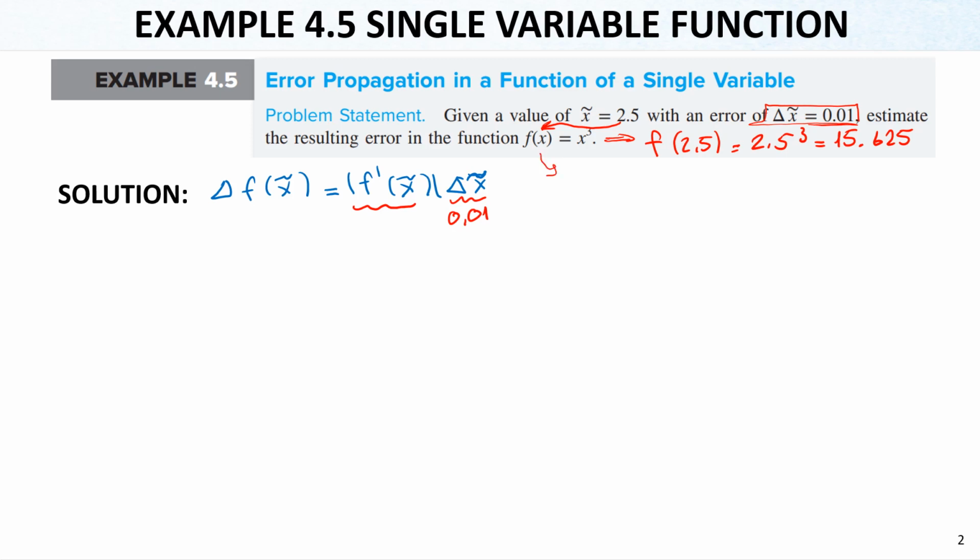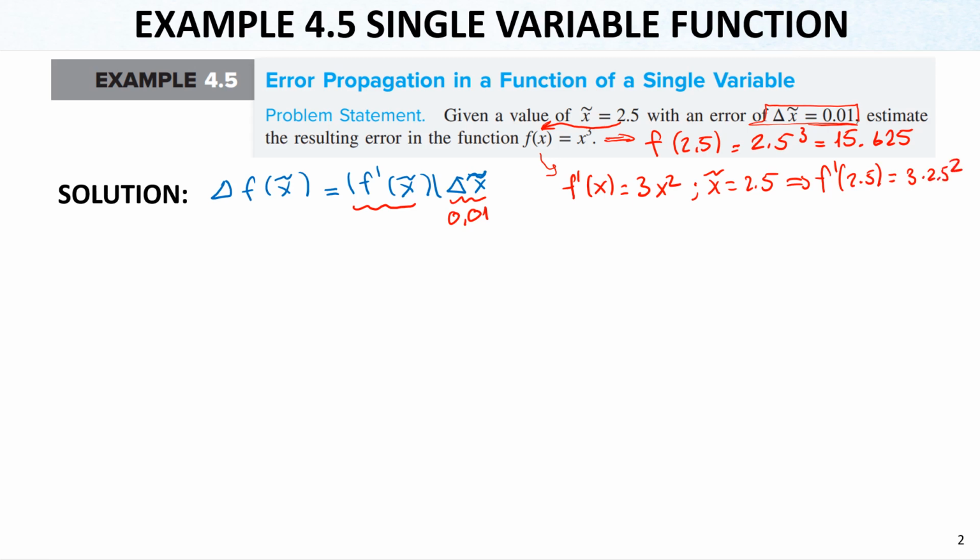Let's find the derivative. f prime x is equivalent to 3x squared, and for x tilde 2.5, f prime 2.5 is equivalent to 3 times 2.5 squared.